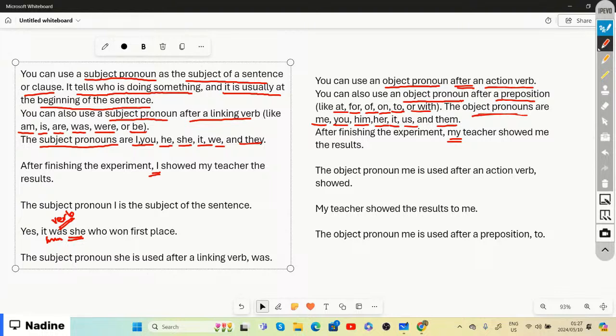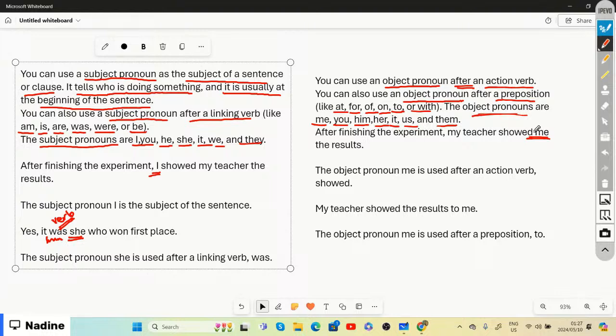But when it comes to the object pronoun, we can say my teacher showed me the results. Sorry, it's me, because the teacher showed me the results.